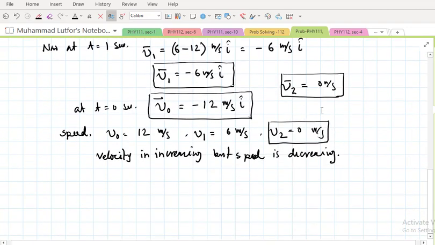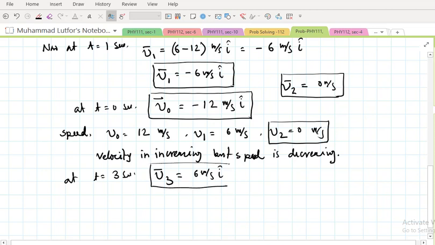What about if I say at t equal to 3 seconds, v3 would be right now plus 6 meter per second i hat. So right now the velocity is increasing, right?